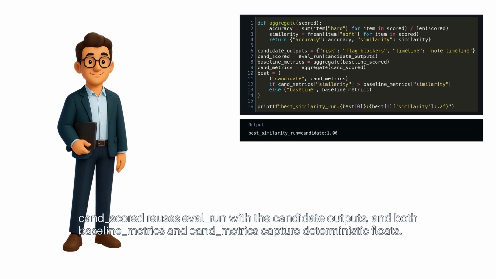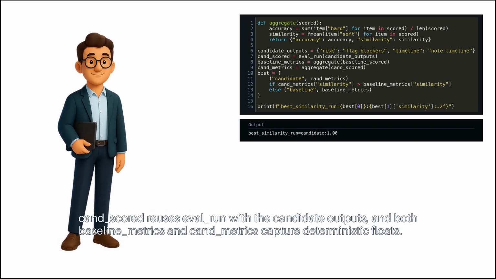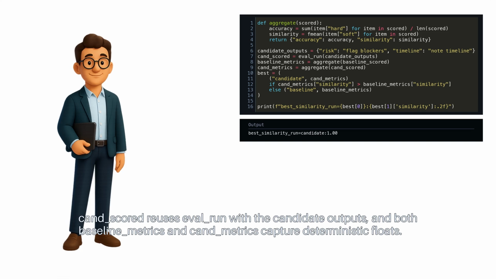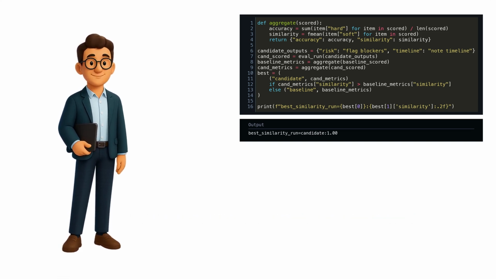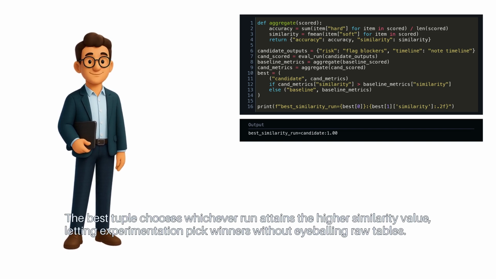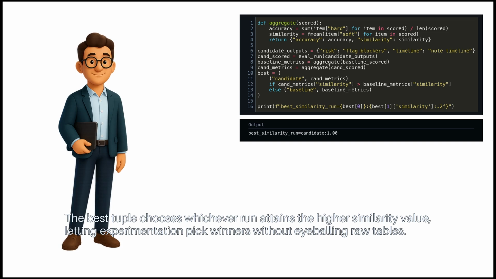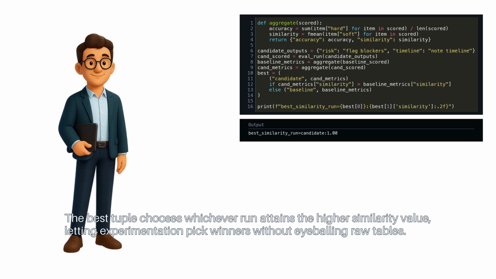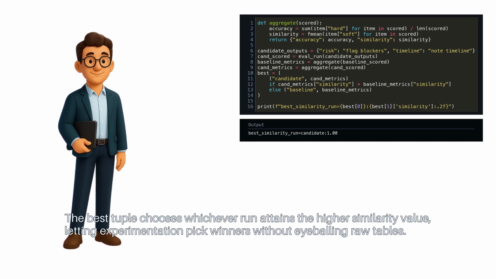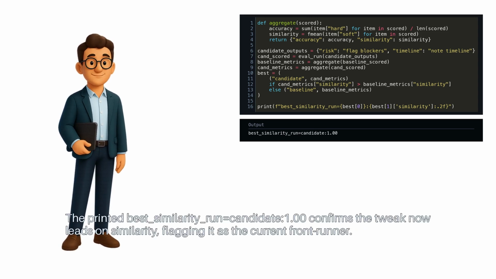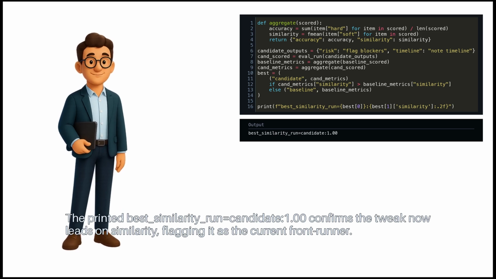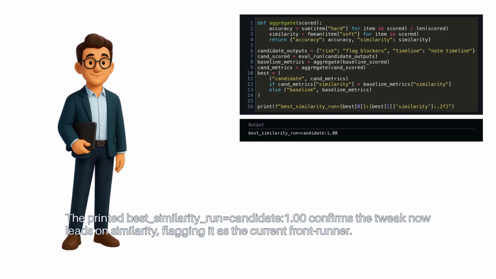Candidate scored reuses eval run with the candidate outputs, and both baseline metrics and candidate metrics capture deterministic floats. The best tuple chooses whichever run attains the higher similarity value, letting experimentation pick winners without eyeballing raw tables. The printed best similarity run equals candidate 1.00, confirms the tweak now leads on similarity, flagging it as the current frontrunner.